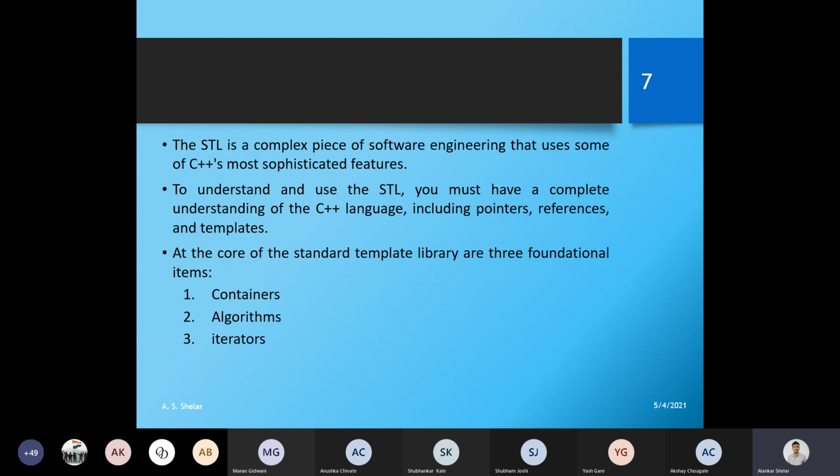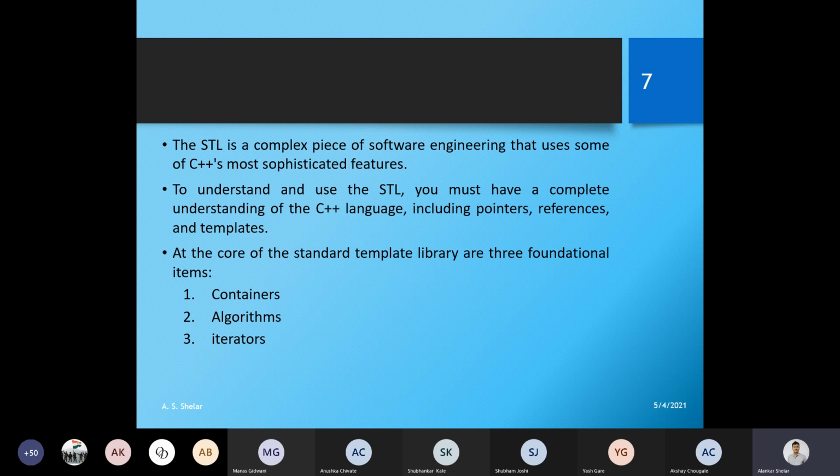At the core of the Standard Template Library are three fundamental, or foundational, items. These are container, algorithm, and iterator. That means the STL has three important categories. First is container, second is algorithm, and third is iterator.